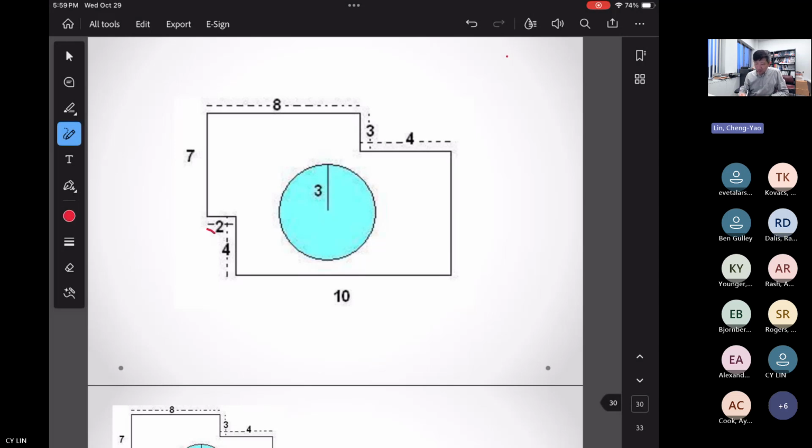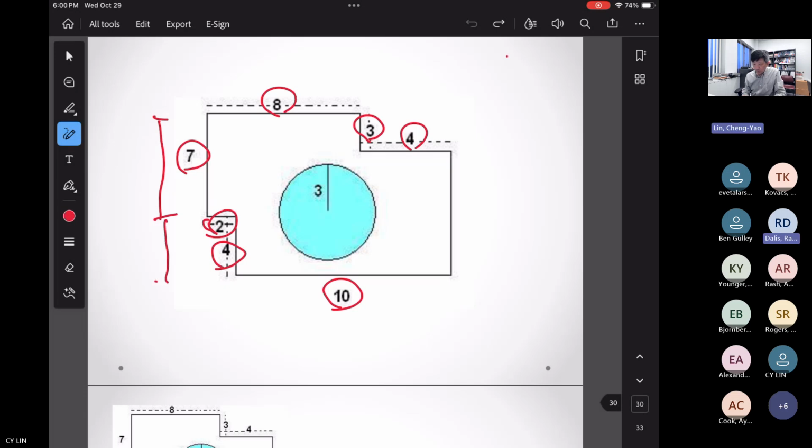Okay, now let's say we have a 10, we have 4, we have 2, we have 7, we have 8, we have 3 and 4, right? And then that's an unknown number, right? And how do we find the unknown number? See, this is a 7, it's the same as the height here, and this is a 4, right?